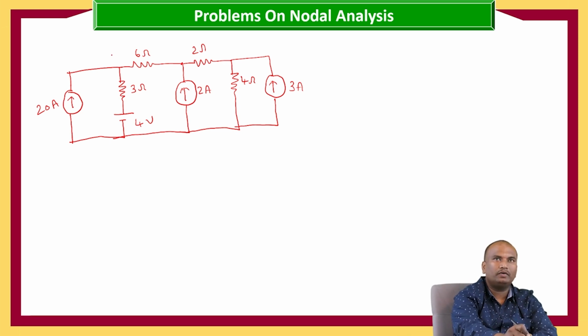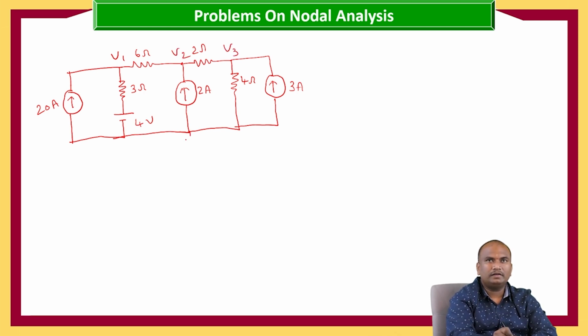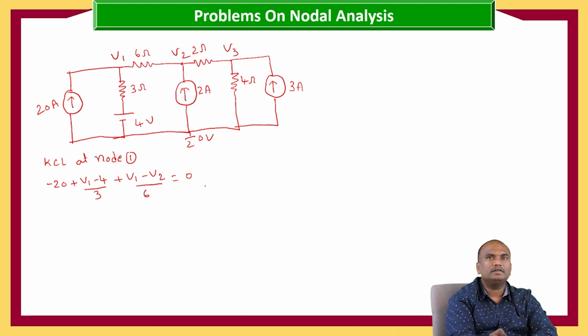This is the node 1 voltage V1, V2, V3, and this is at 0 volts. Now KCL at node 1, that is minus 20 plus (V1 minus 4) by 3 plus (V1 minus V2) by 6 equals 0.